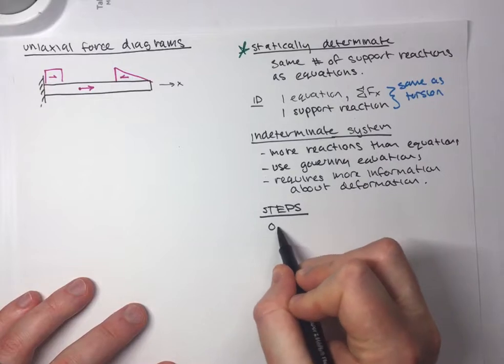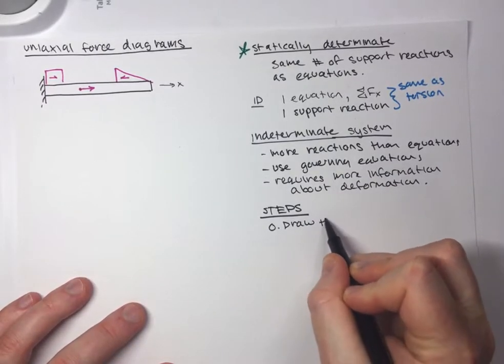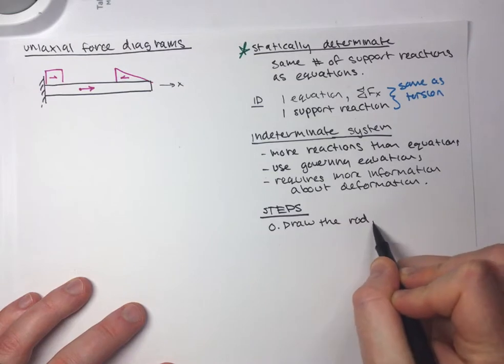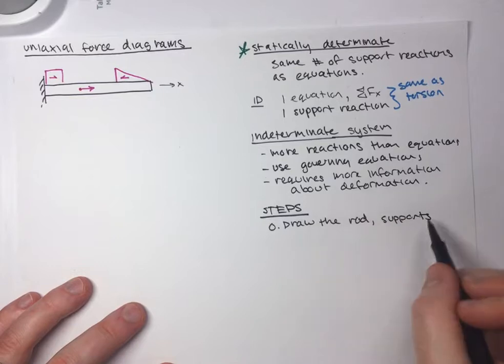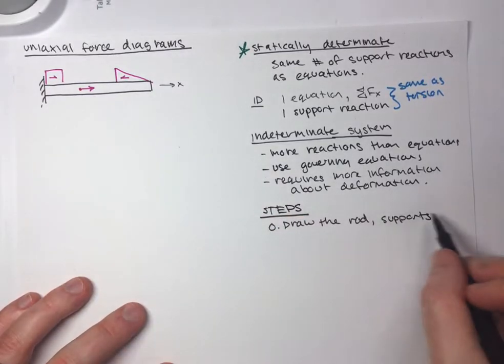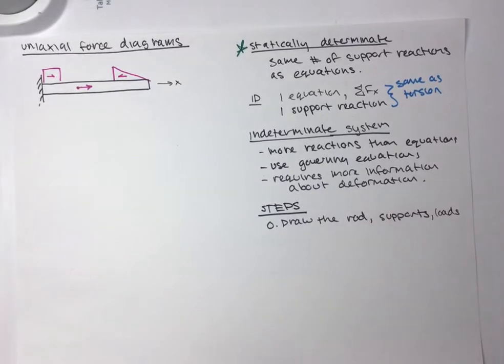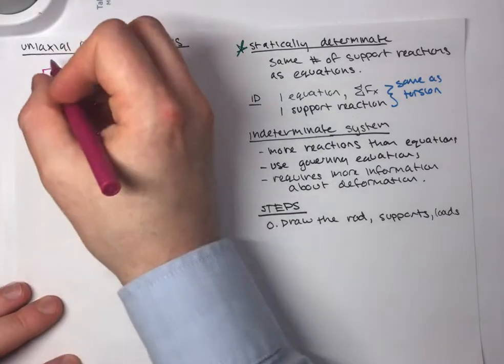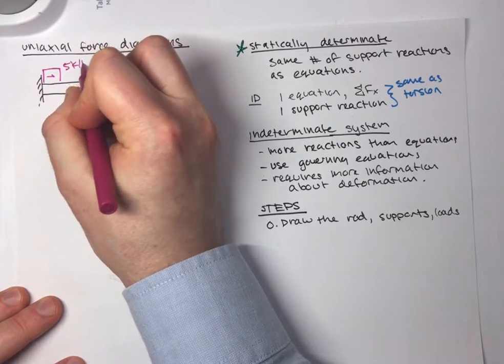So the first step, we've already done some of that, and that's going to be to draw the rod, so the system that we're working with, the supports, which we've done, and the loads, I suppose, would be good too. And we should put some values on here. And so I'm just going to give these guys some numbers. We're going to say that this is going to be 5 kips per inch.